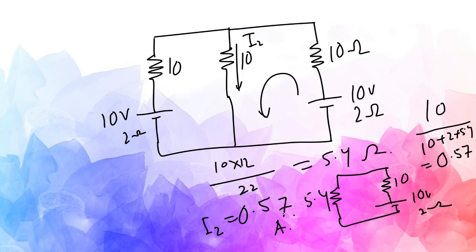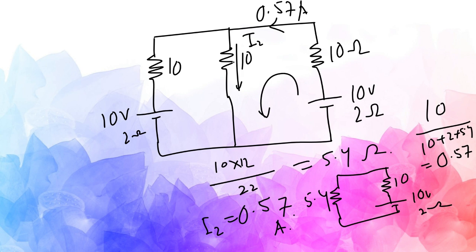Now, there is one small mistake. This 0.57 is flowing through this branch, so it will be divided into these two branches.